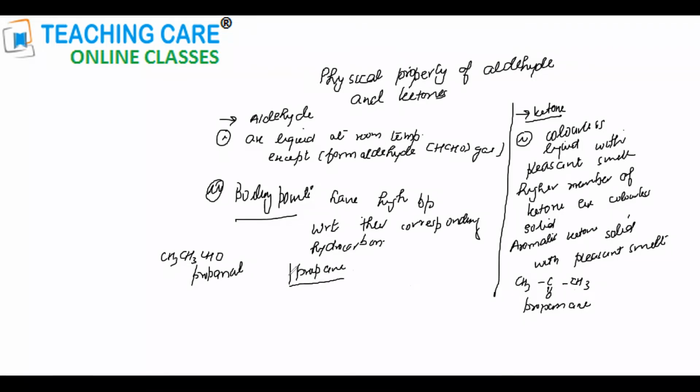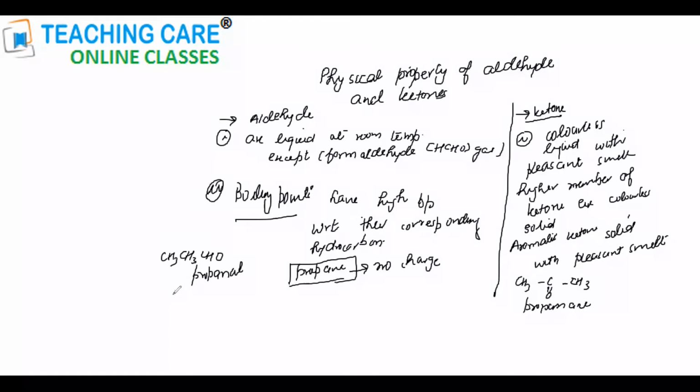Got it, Nikhilesh? Yes, sir. Why is it so? Because propane is neutral. Propane has no charge. But propanal and propanone have a dipole moment, because there are positive and negative charges due to the presence of the oxygen group.